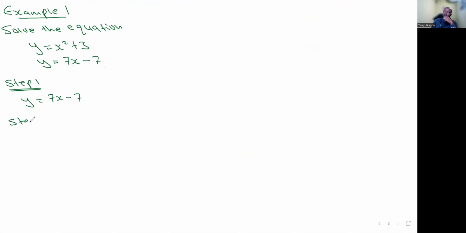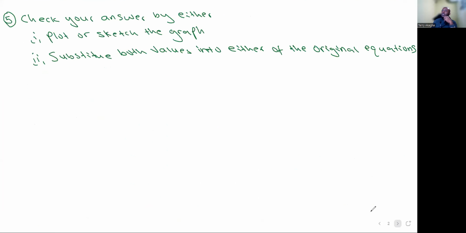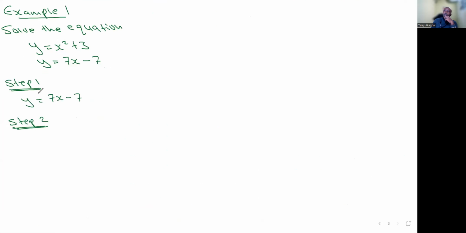Step 2, we now have to substitute the answer from step 1 for the second variable in the second equation. The second equation we had was y is equal to x squared plus 3.